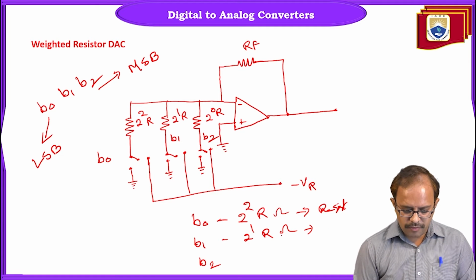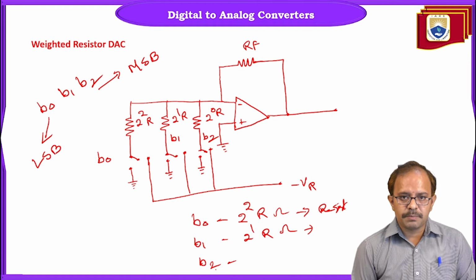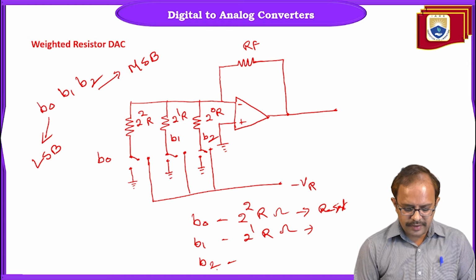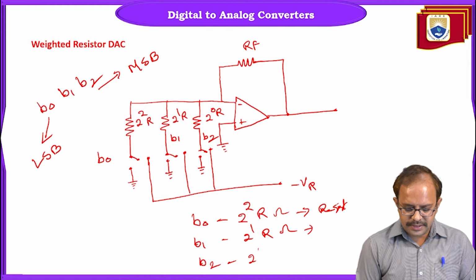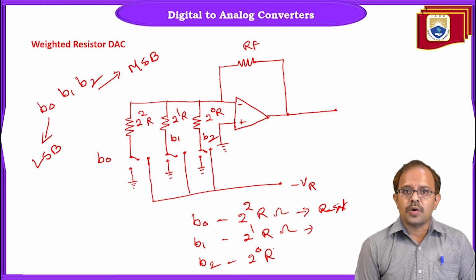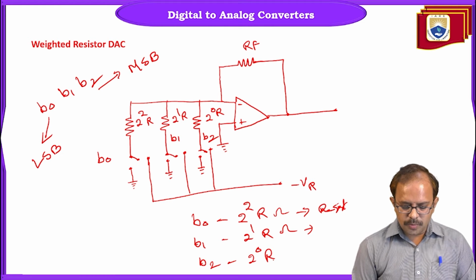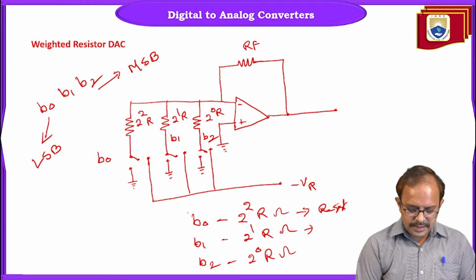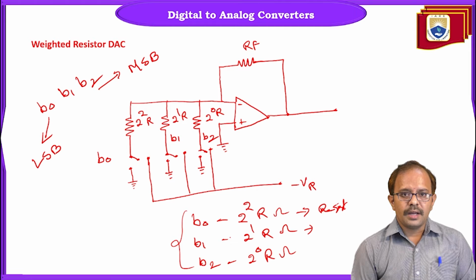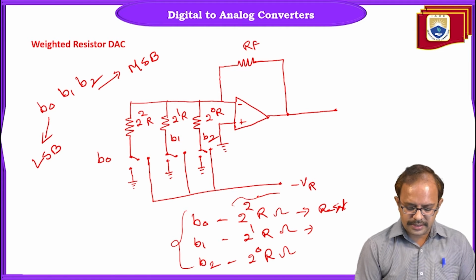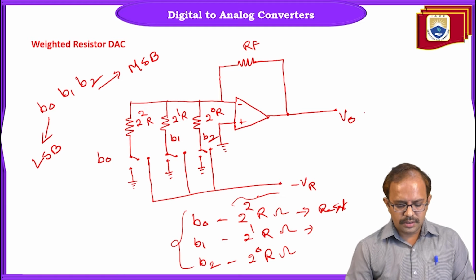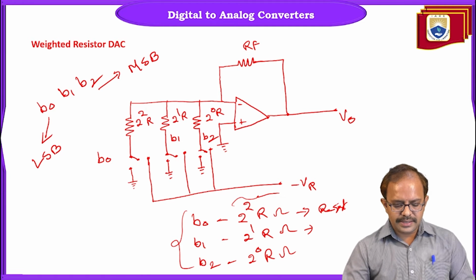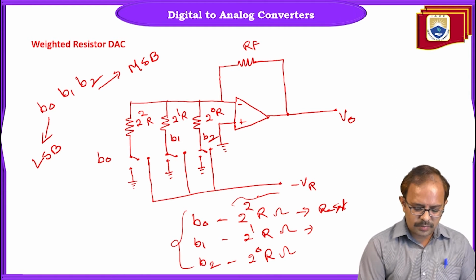Finally the MSB, expressed as B2, the weight of this resistance is going to be 2 power 0 into R ohms, right? These are the binary data and corresponding weights of the resistance, and finally here we are going to get the output, right?